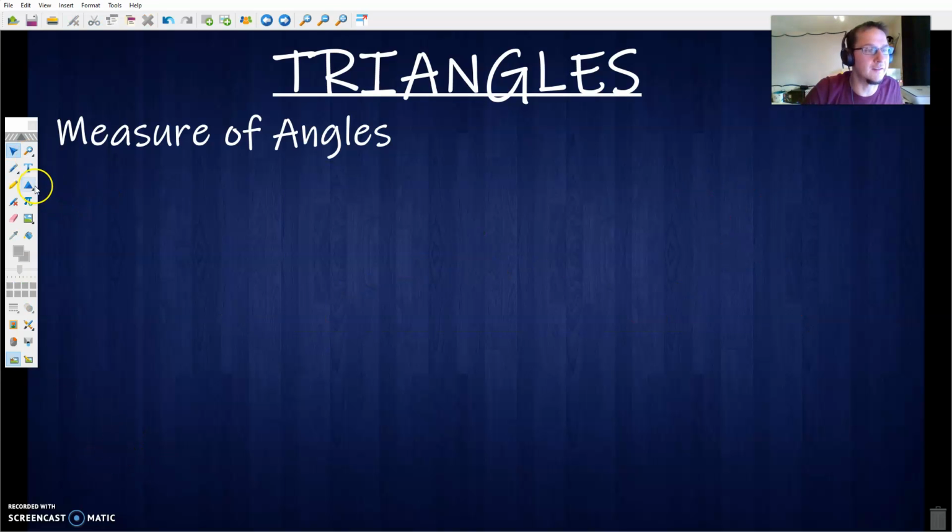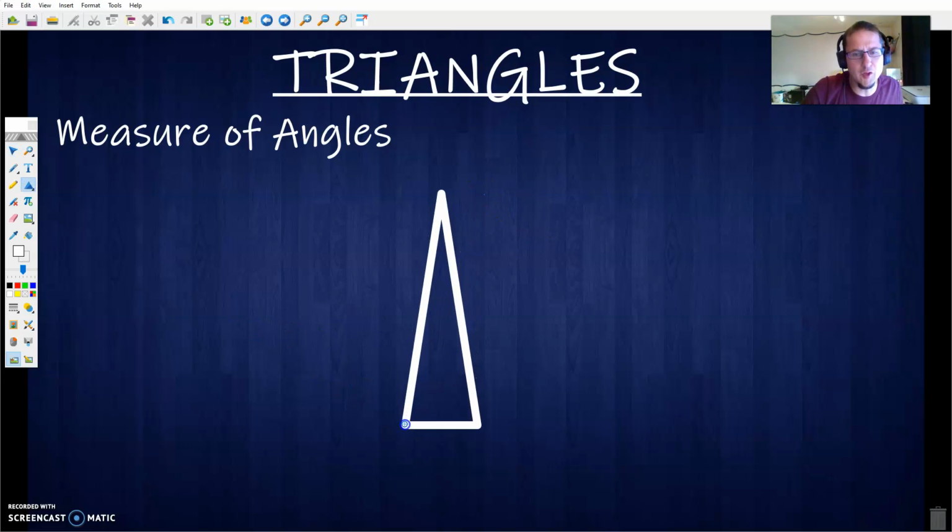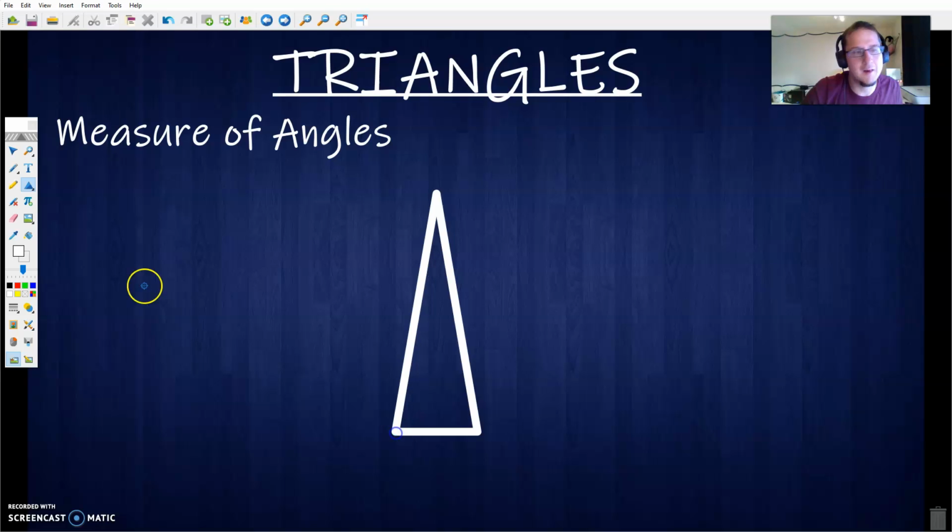Now, let's look at a different one. If we take an acute triangle, let's say we've got that, and maybe this angle right here is 30 degrees. Then I need to figure out, if these two are exactly the same, how much they are.